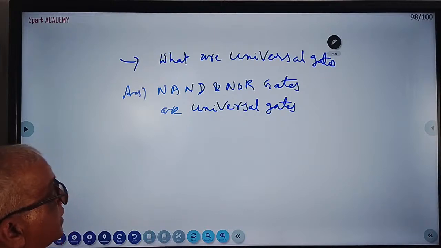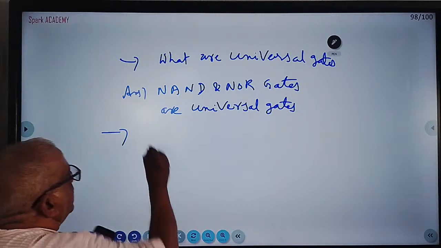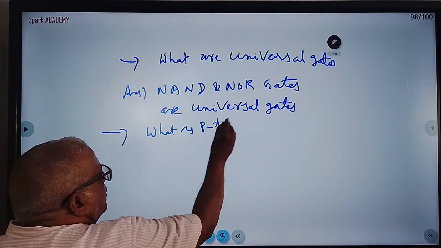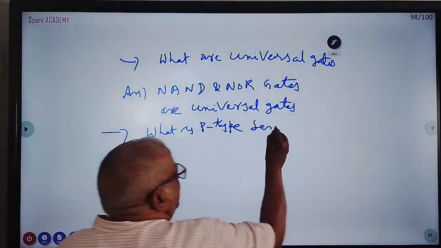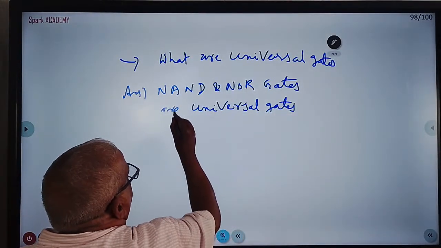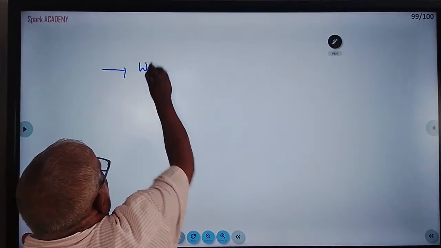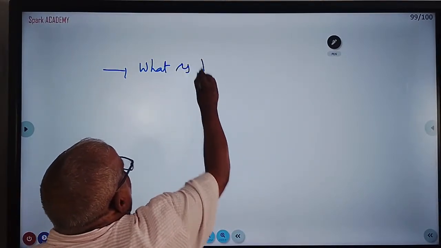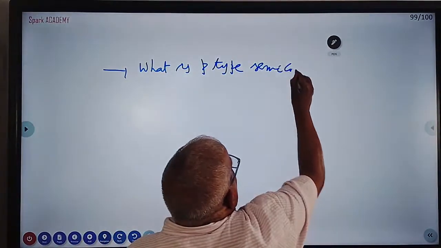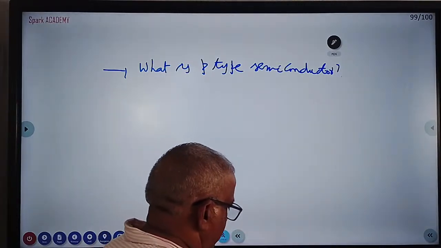What is a PN junction? What is a P-type semiconductor?